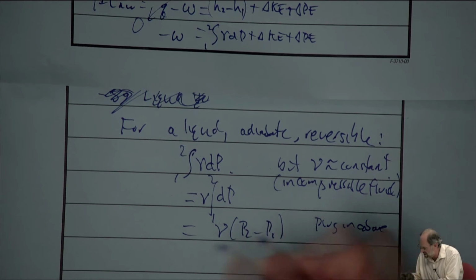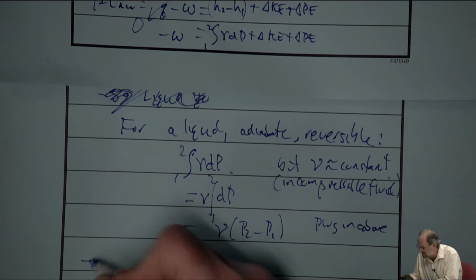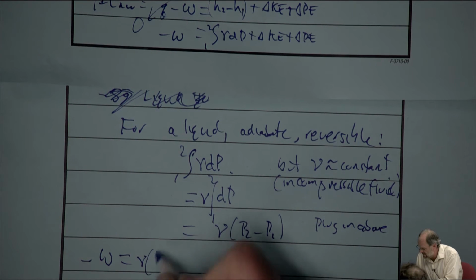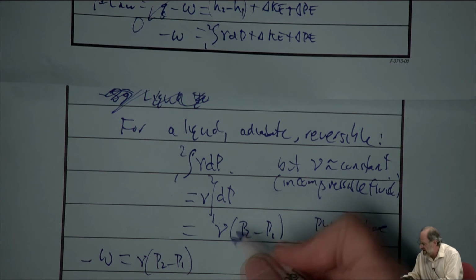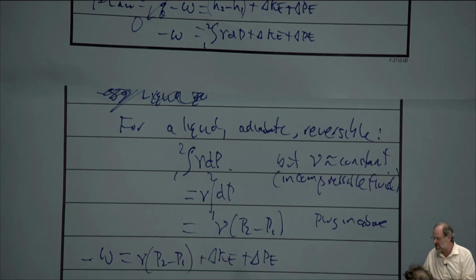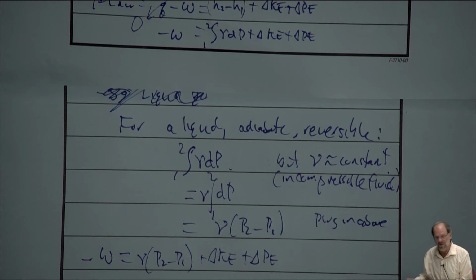We plug this in above, and we get that negative of the work equals the specific volume times the pressure change, plus kinetic and potential energy changes. Now, for many, many problems, we're just going to neglect the kinetic and potential energy changes. For some, we won't, but this is the basic equation.